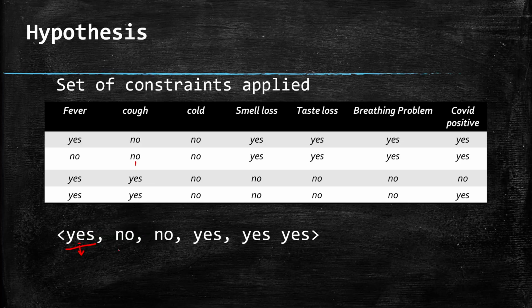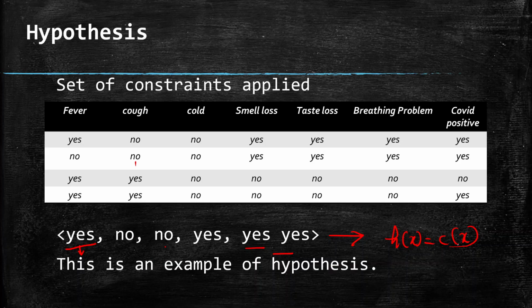If the fever is yes, the cough is no, cold is no, smell loss is yes, and taste loss is yes, breathing problem is present, then we say that he is COVID positive. So H of x is equal to C of x. So this is a hypothesis. Here we can form 4 different hypotheses from the given data.